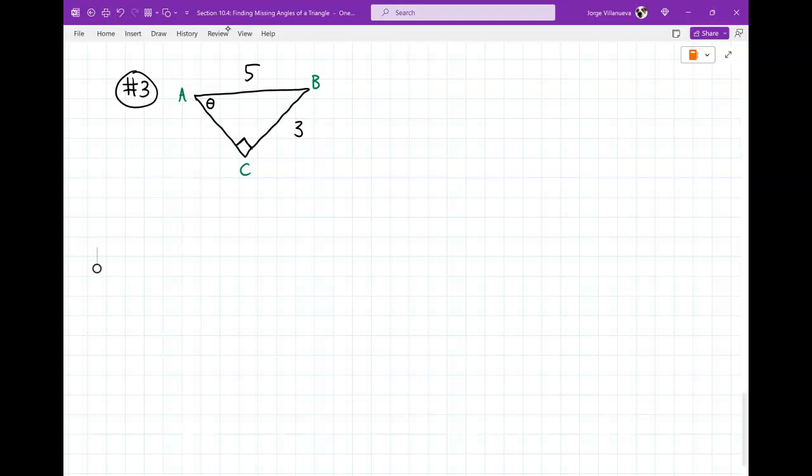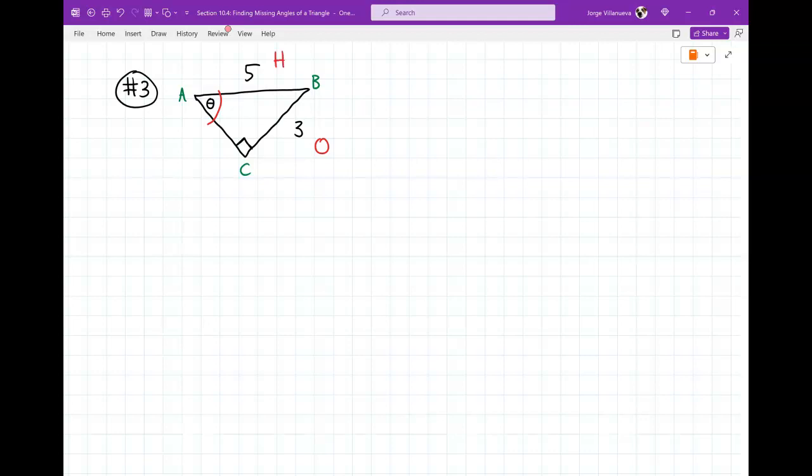So again, my focus is to find the angle. So let me just highlight the angle here. That's theta. Okay. So we'll just start going through the numbers. The number 3, according to that angle, is 3 my hypotenuse, my opposite, or adjacent? Opposite. Okay. 5, is it adjacent or hypotenuse? Hypotenuse. Okay.